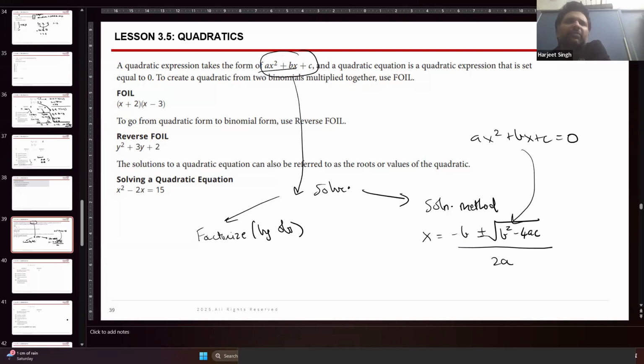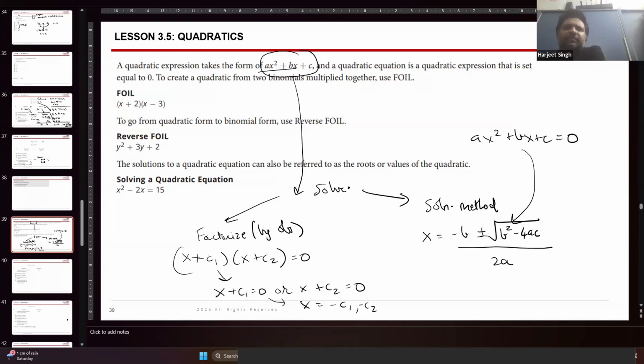If you can factorize, it will be of this format: x plus c1 into x plus c2 equal to 0. So my solution will be either x plus c1 is 0 or x plus c2 is 0. So I can write x equal to minus c1 or minus c2.